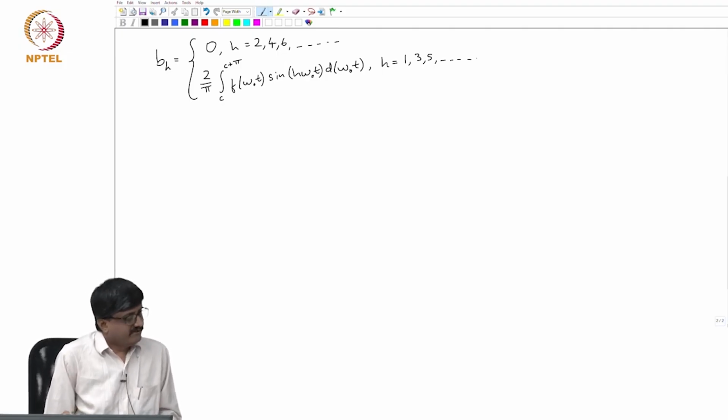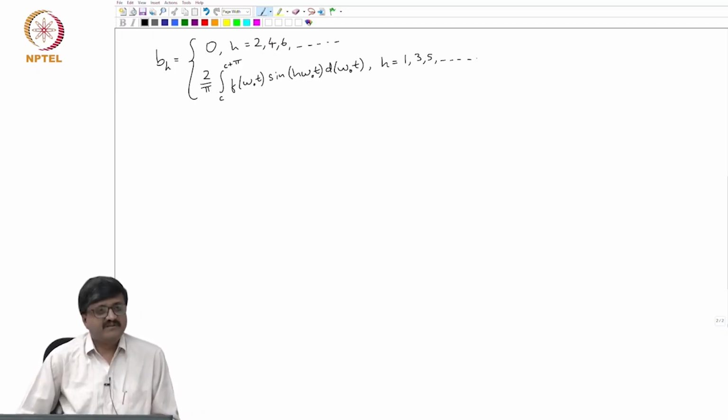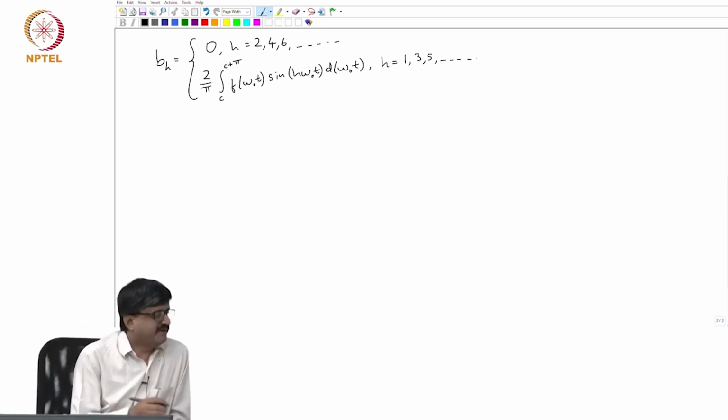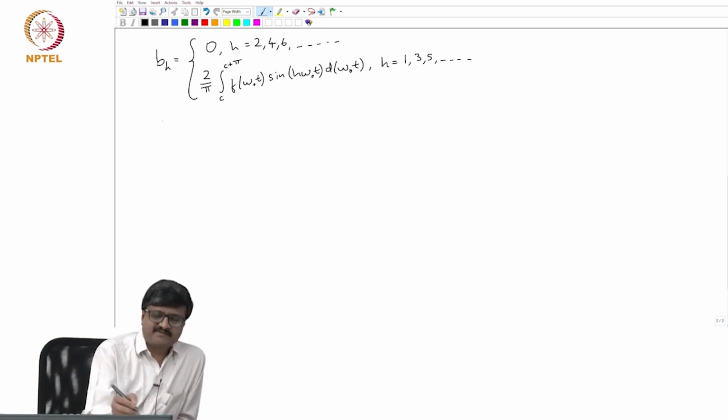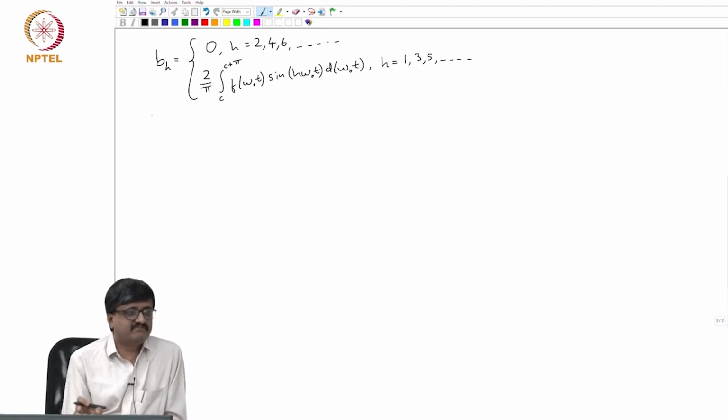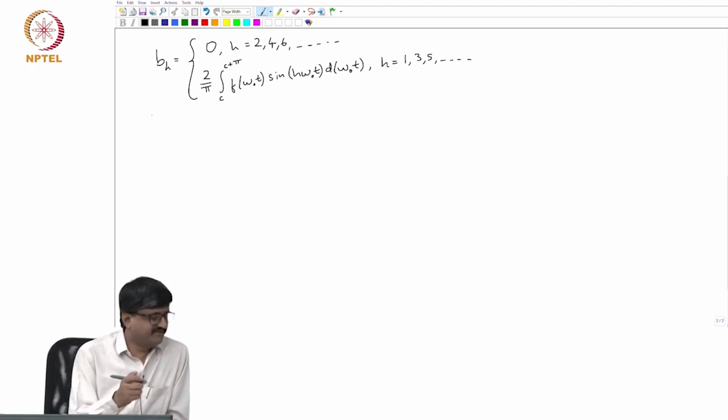Now, there is a further simplification possible if the function possesses what is known as quarter wave symmetry. Before going to a general definition of quarter wave symmetry, we will take some special cases. Suppose I have a combination of odd and half wave symmetry, or even and half wave symmetry, then what happens? Okay.